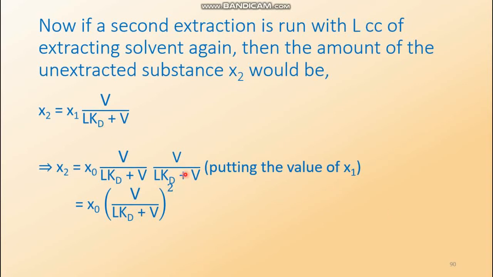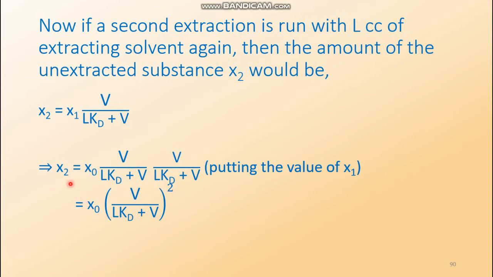But these two terms are the same and they are getting multiplied with each other, so it will become the second power of this parameter. So it will actually be x0 into (V by (L K_D plus V)) whole squared.